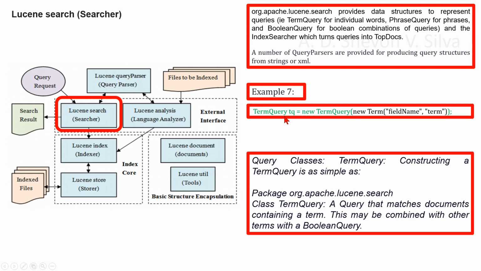Of the various implementations of Query, the TermQuery is the easiest to understand and the most often used in applications. The TermQuery matches all the documents that contain a specific term, which is a word that occurs in a certain field.